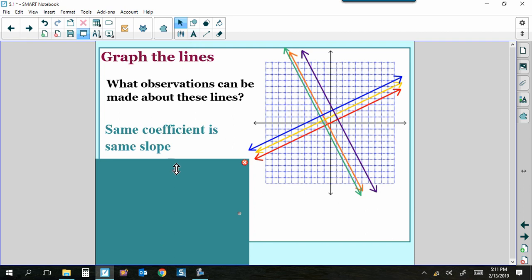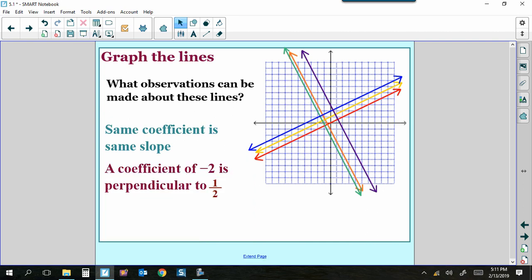You should have also noticed that while they're not all the same, there is similarities between them. When you're looking, the coefficient of -2 is perpendicular to a slope of +1/2. So what we can say here is that our slopes are negative reciprocals. Negative meaning one is positive and one is negative.